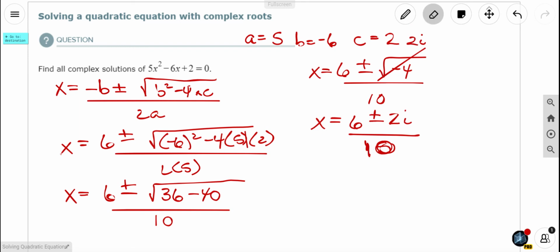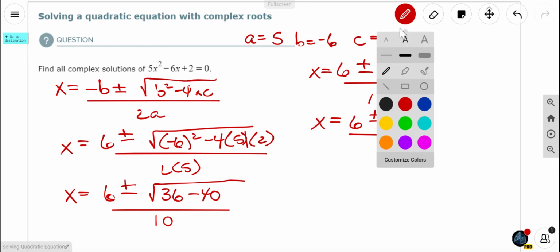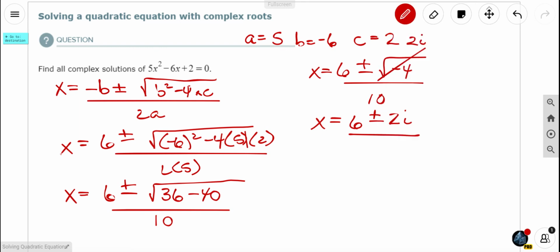Okay. Do you see how every single one of these is divisible by 2? There we go. So we can reduce this. This can be reduced to 3 plus or minus i over 5. Make sure you understand what I just did.